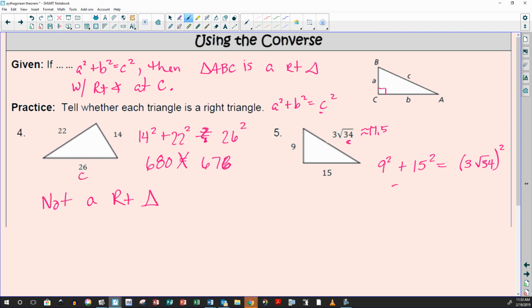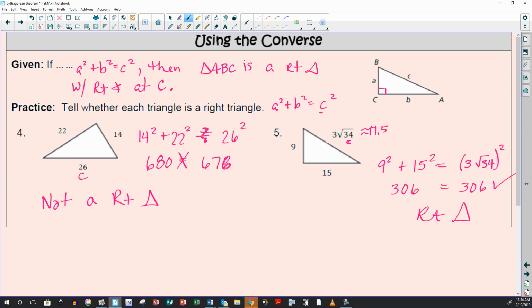This over here, I'm going to type in the calculator: 3 square root of 34, parentheses, and then once I get outside the parentheses, I'm going to square the whole thing, and I get 306. So this is a right triangle because these two are equal.